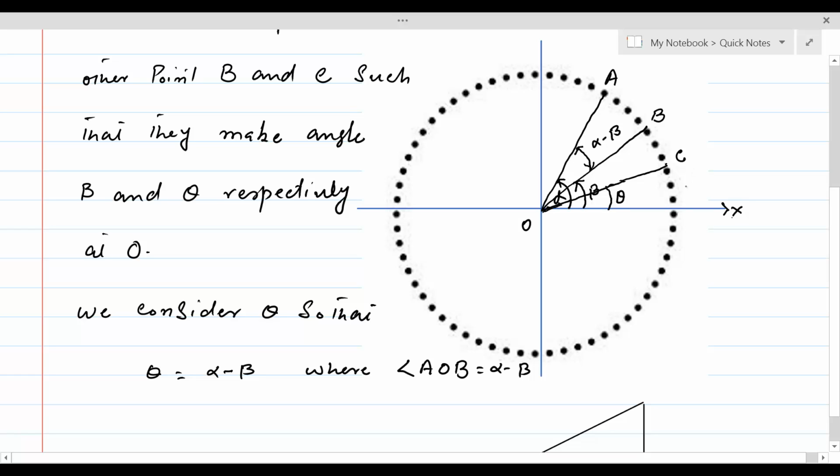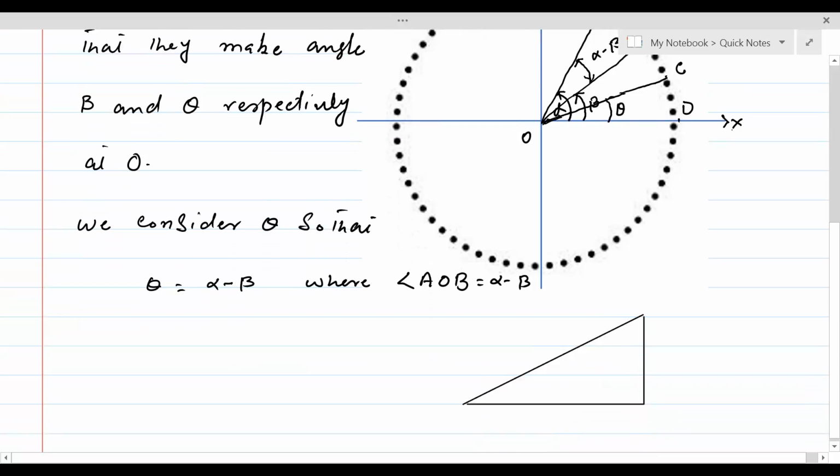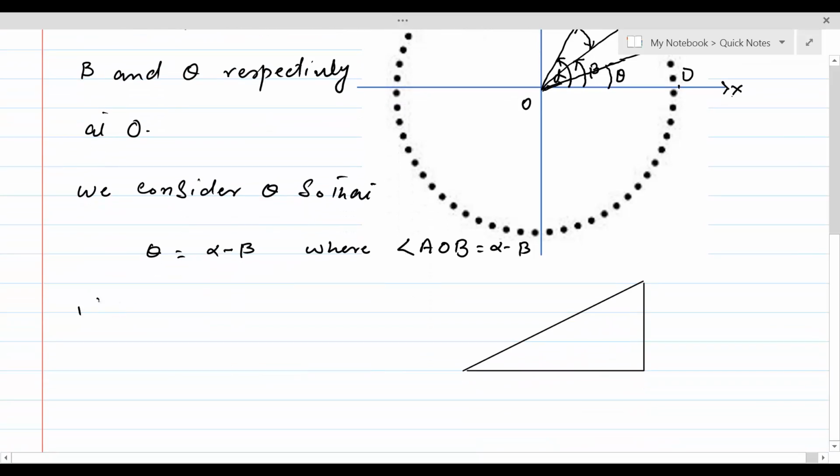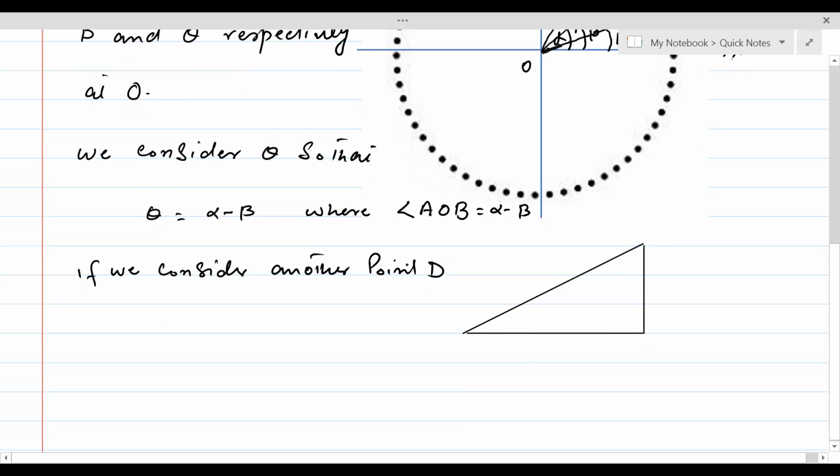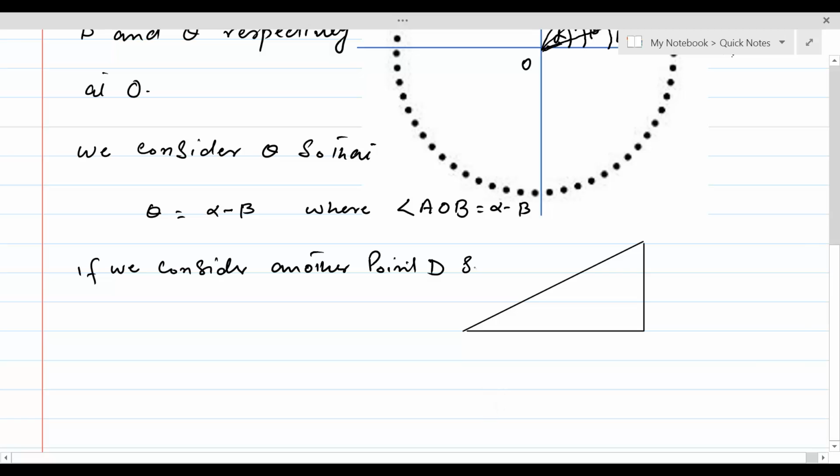So now we consider another point D on the x-axis, at the intersection of the x-axis and the circle, such that the length OD is equal to 1 because it is a unit circle.